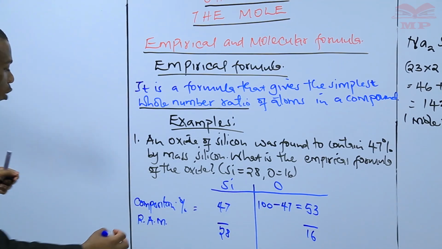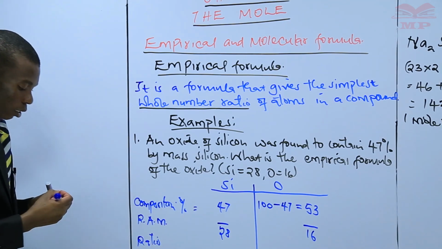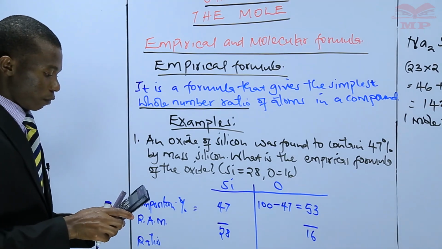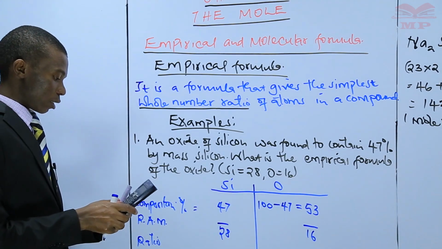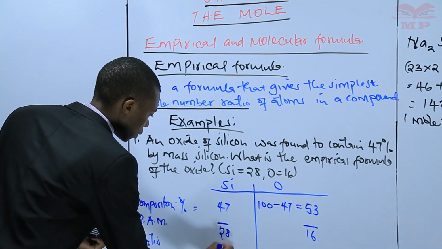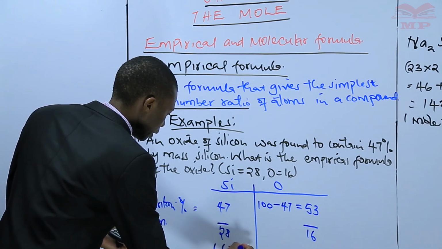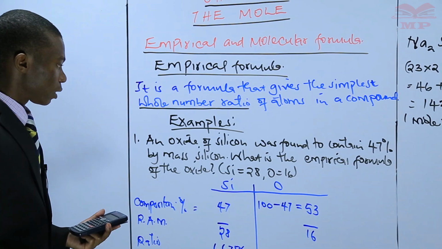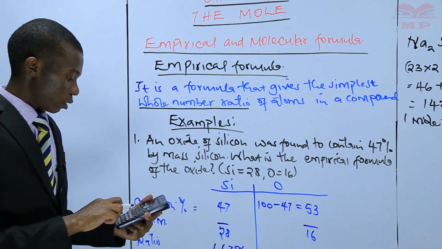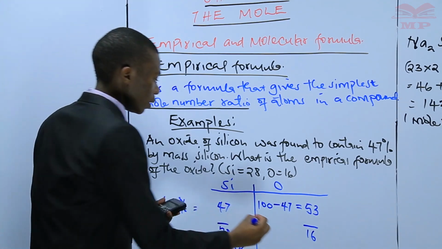When you divide, you are going to get the ratio. 47 divided by 28 gives you 1.6786. You give at least 4 decimal places. Then for oxygen, 53 divided by 16 is 3.3.